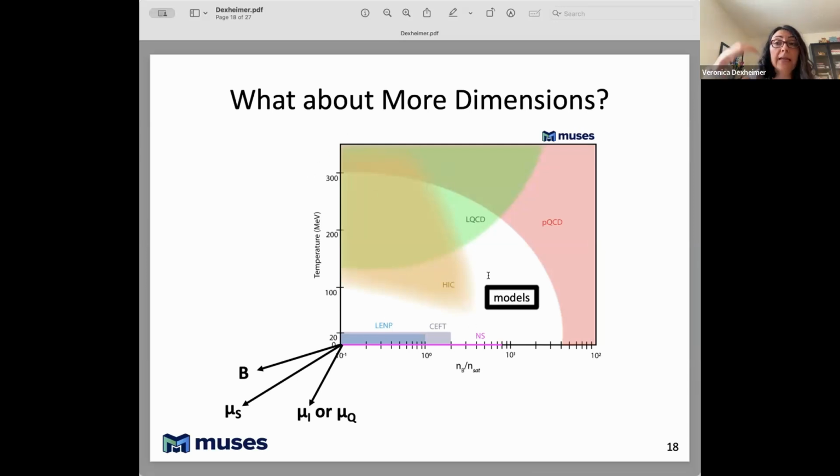Our idea is in the next grant period to also include pQCD, so it could go even beyond. But right now, we're hoping to cover, with lattice QCD, within these different expansion schemes, combining critical behavior and holography, all this brown chunk here.